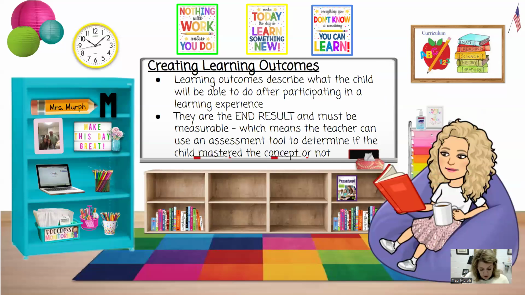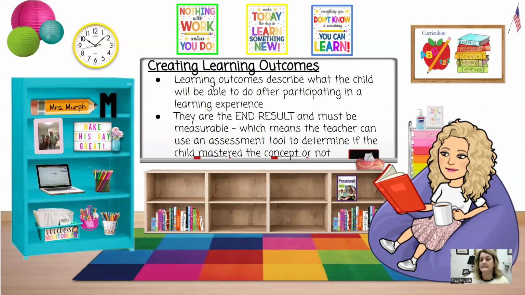Child development and learning goals in an educational setting are referred to as learning outcomes. Learning outcomes are statements that describe what the child will be able to do after participating in a certain learning experience. They are the end result. Learning outcomes are the end result and they must be measurable.